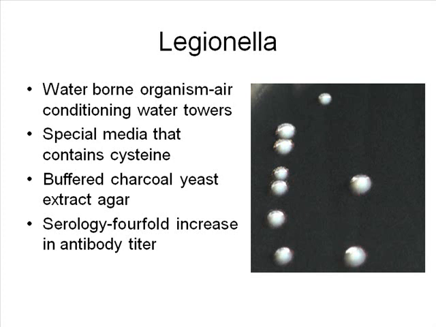The organism needs a special ingredient, cysteine, in the media in order for it to grow. The best way to identify Legionella, because it is very difficult to grow, is serology. You can do a serological test, an immunofluorescent technique to identify it, and also an antibody titer on the patient.